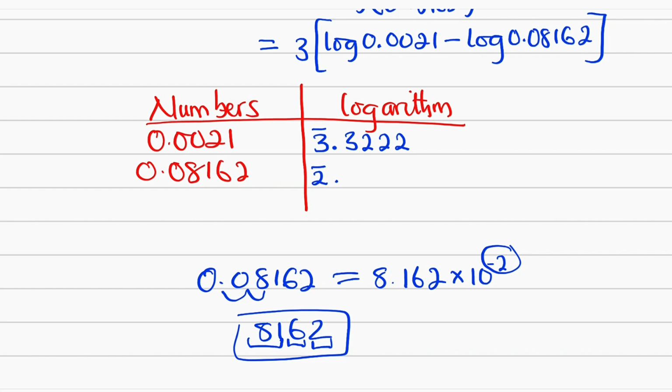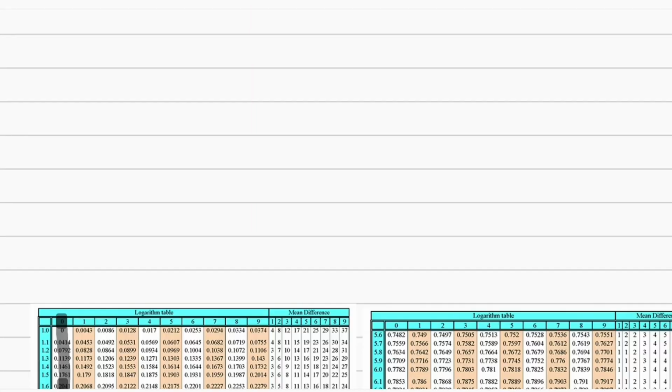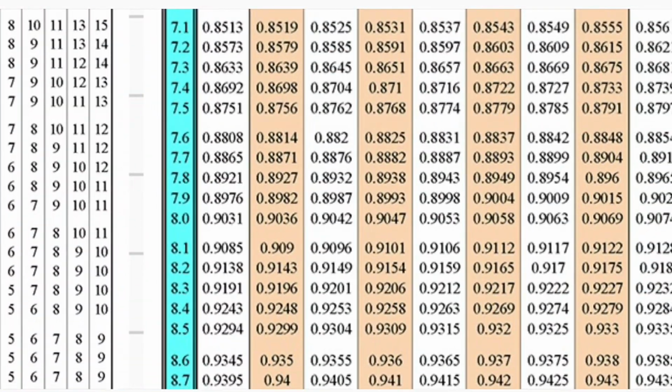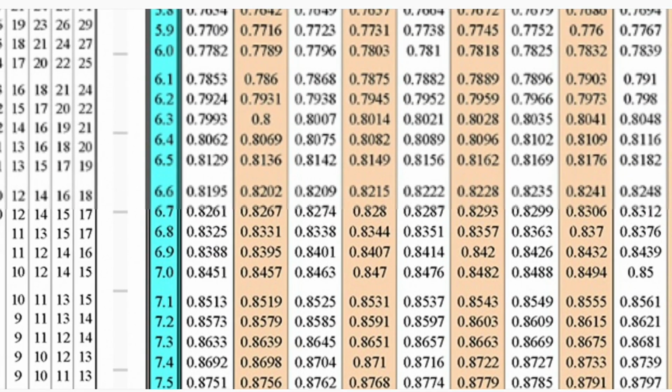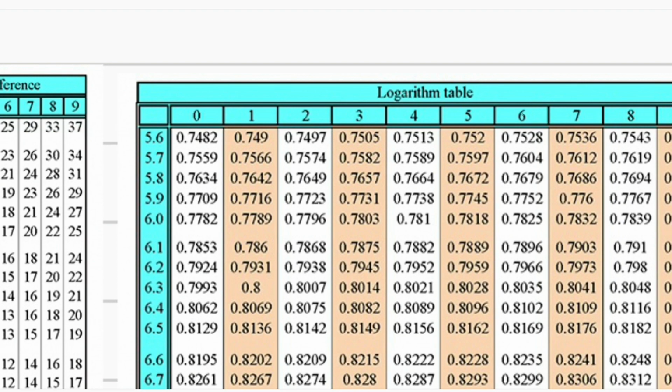We are going to look for 81 under 6, difference of 2. All right, you can see we have 81 right here. All this row belongs to 81. Then under 6, let us look for 6 to the top. You can see under 6 here.